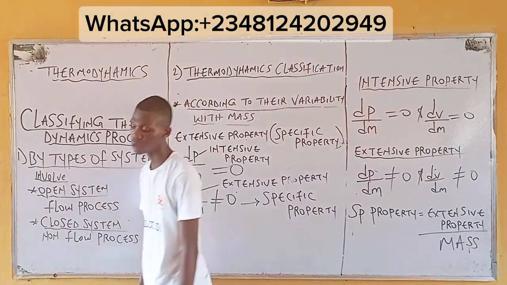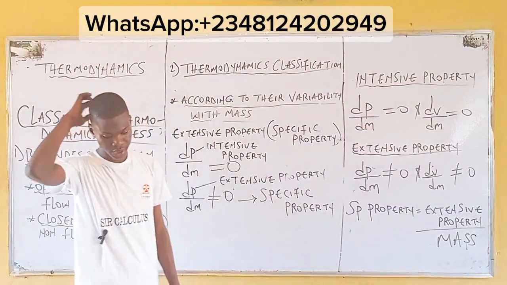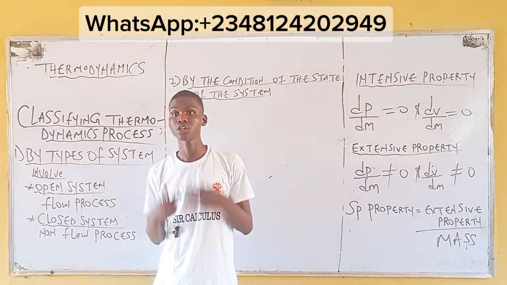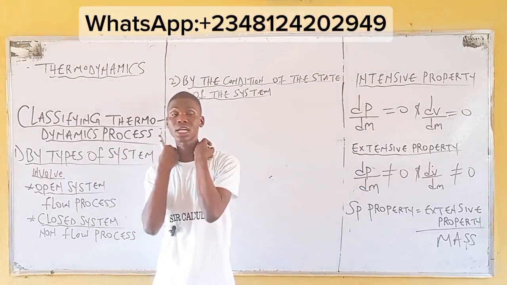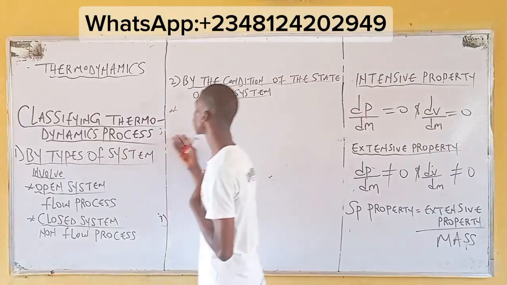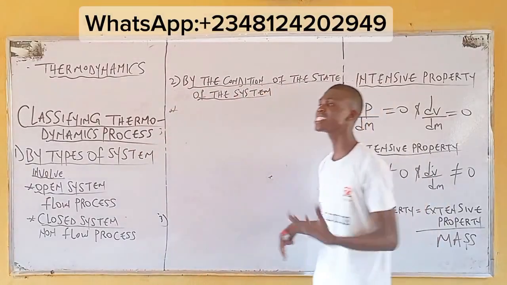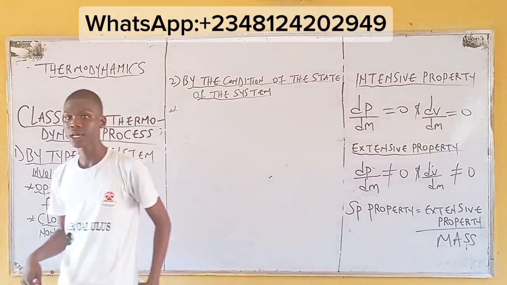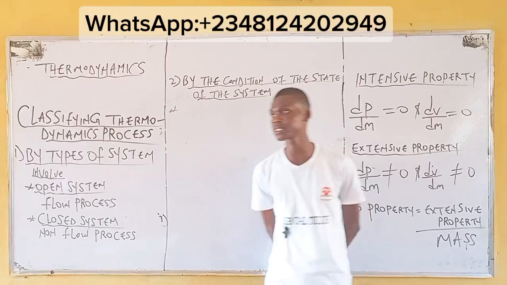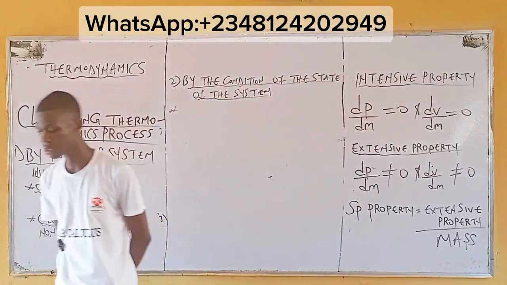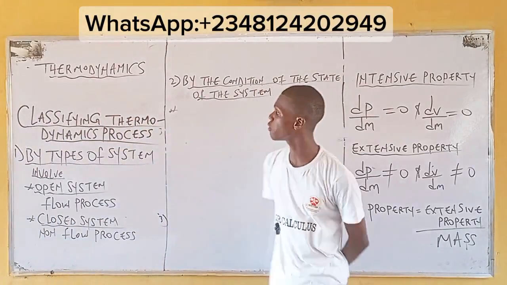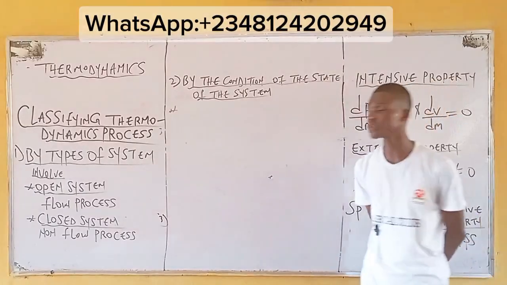Now number 2, by the condition of the state of the system. Meaning we are making use of the initial state and the final state. You've seen yourself that when it comes to thermodynamic system, we have state 1, we have state 2. When your initial state is equal to your final state, you have a cyclic process.